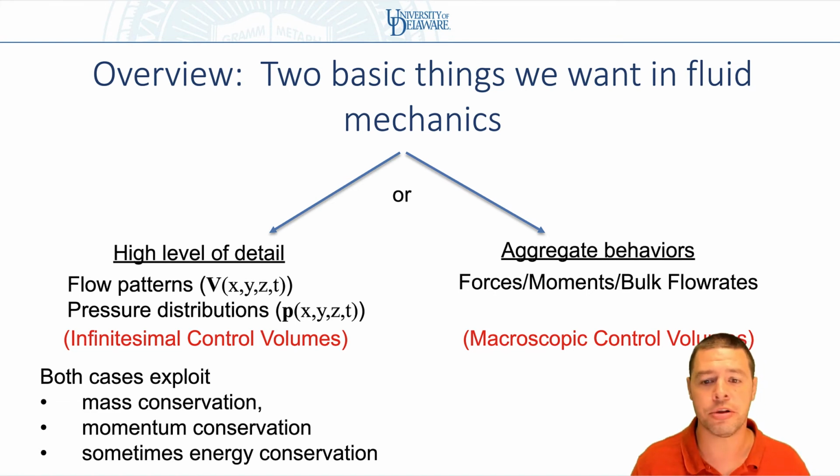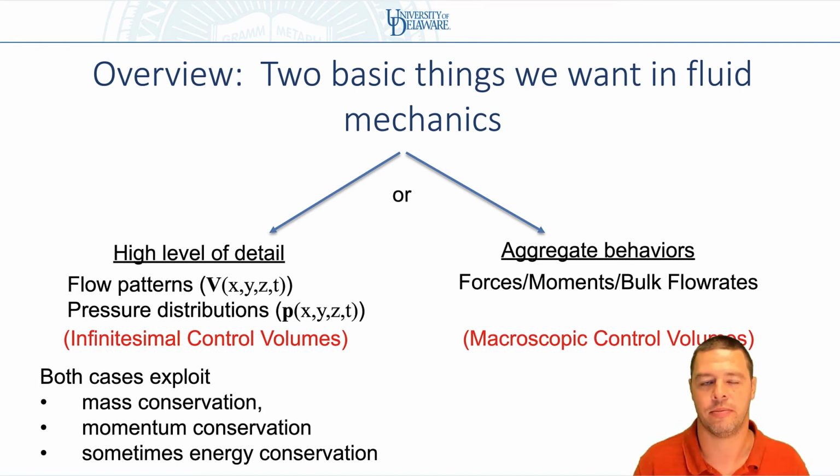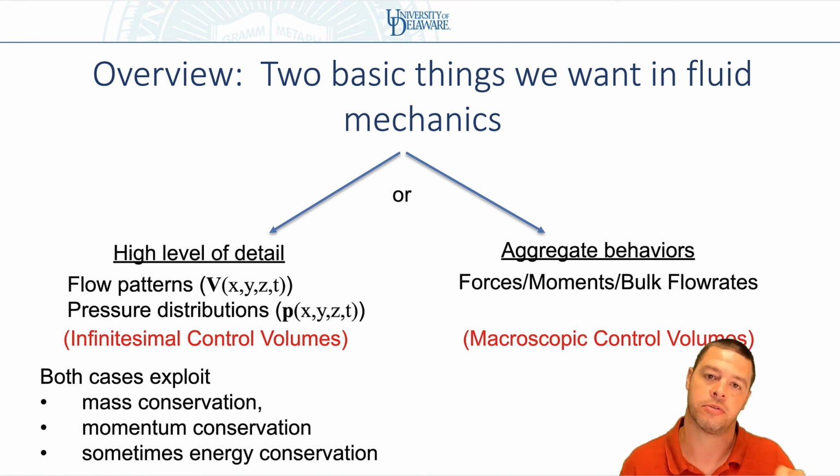In either case, the general approach here is to apply what I'll call the three laws that apply to fluids most commonly. Conservation of mass, conservation of momentum. If you were doing conservation of momentum or F equals ma in another class, the acceleration is a vector with three components.